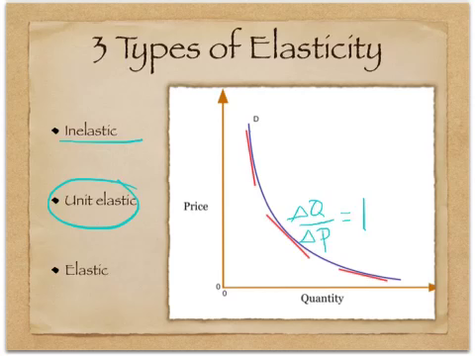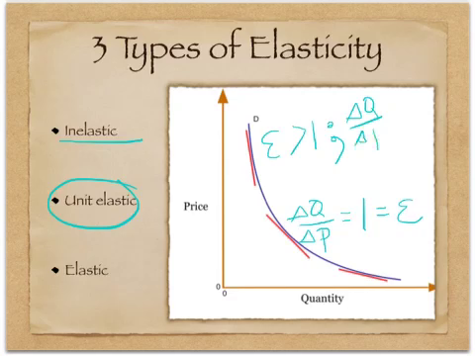An inelastic good is one where the relationship of the change in quantity to the change in price is less than 1. That is to say, we have a relationship that might look something like this: a small change in quantity to a large change in price.